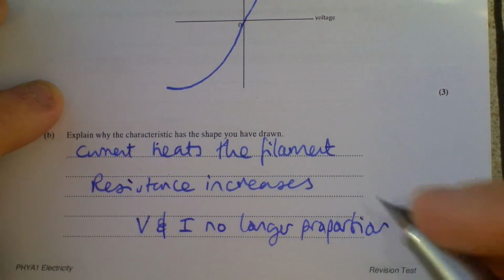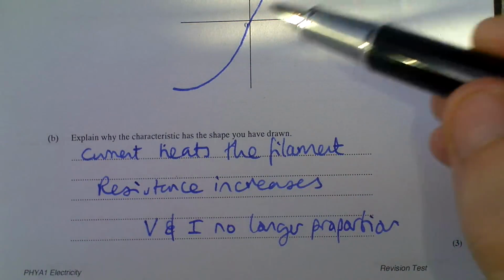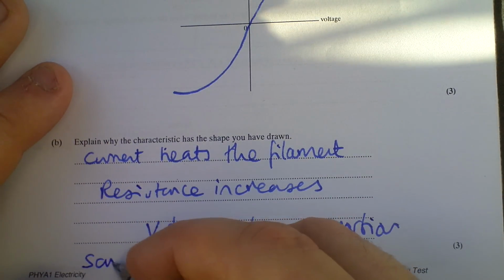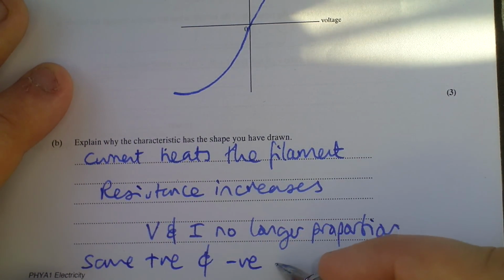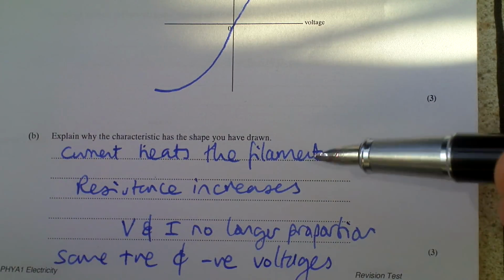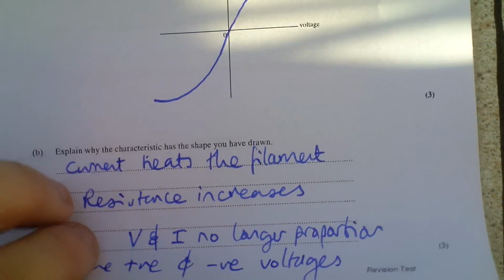V and I no longer obey Ohm's law because the resistance has increased. You can see the change in gradient of the graph. And if you wanted to add that it's the same for both positive and negative voltages, that would be worth mentioning as well. Each of those 4 points is worth 1 mark, but obviously you're only allowed a maximum of 3.